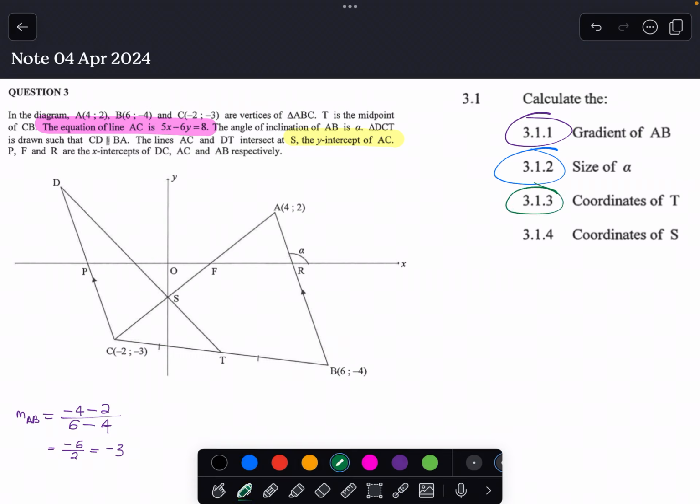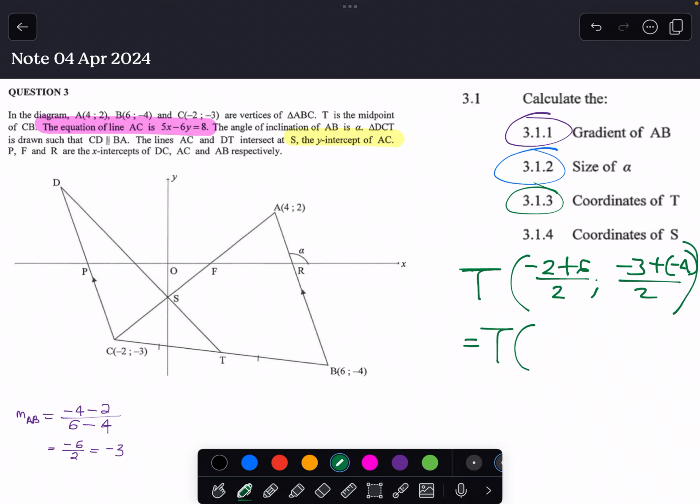So the coordinates of T will be the average of the x coordinates of B and C, and the average of the y coordinates of B and C. Right, so that ends up being 4 over 2, which is 2, and minus 3 minus 4 is minus 7 over 2, which is negative 7 over 2, or negative 3.5.